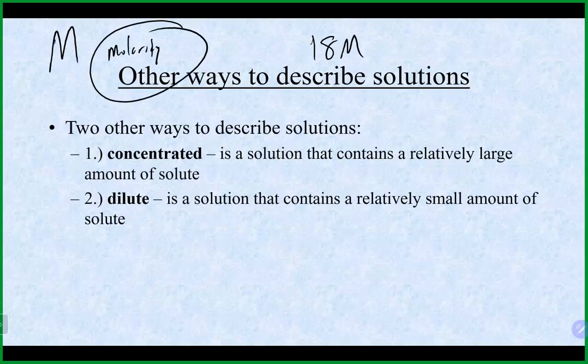Basically, a concentrated solution is a solution that has a relatively large amount of solute dissolved in it. In most cases, we oftentimes don't use concentrated solutions, which are sometimes referred to as stock solutions in lab. We oftentimes will use diluted solutions, which have a relatively small amount of solute in them.